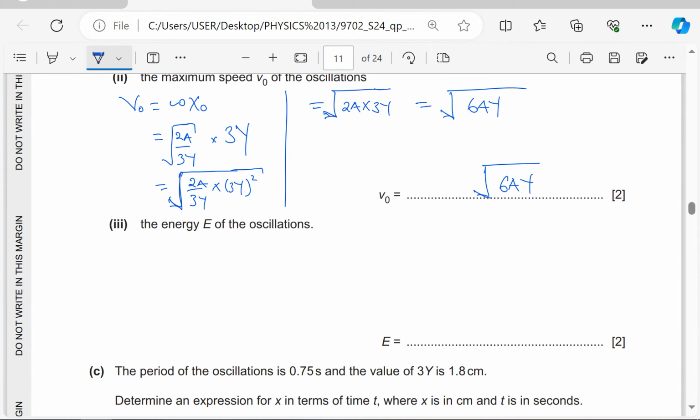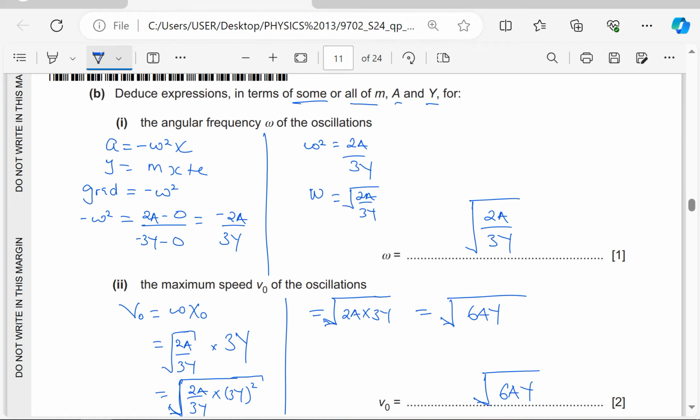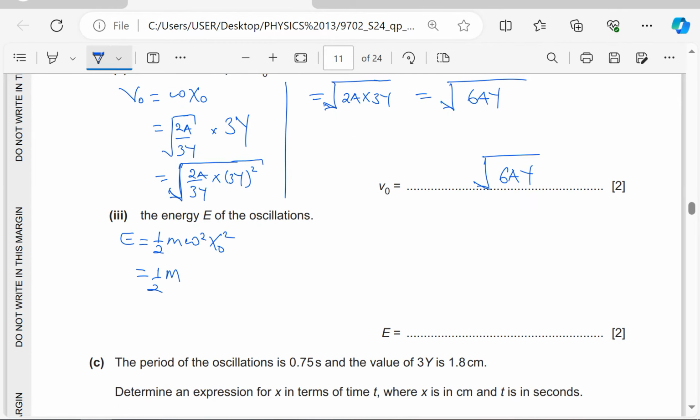Then the energy. We also know from our knowledge that energy is equal to a half m omega squared times x naught squared. So I'll just substitute. This is a half times m. Where there is omega squared, I'll put 2a over 3y, so this is times 2a over 3y.